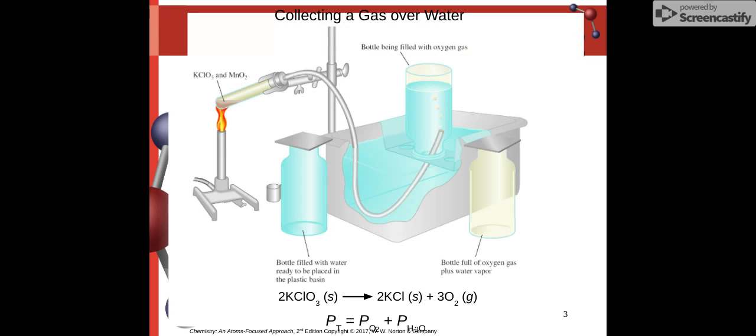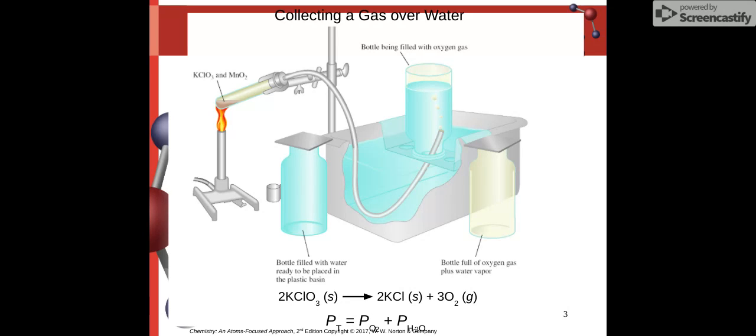One application I will be working a problem on, using an iPad video instead of PowerPoint like this, is collecting gas over water. So the idea is, if we do a reaction and the gas is the product that we care about, sometimes it's difficult to actually collect that gas.